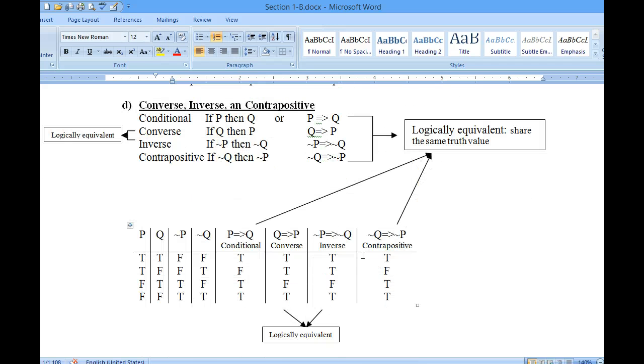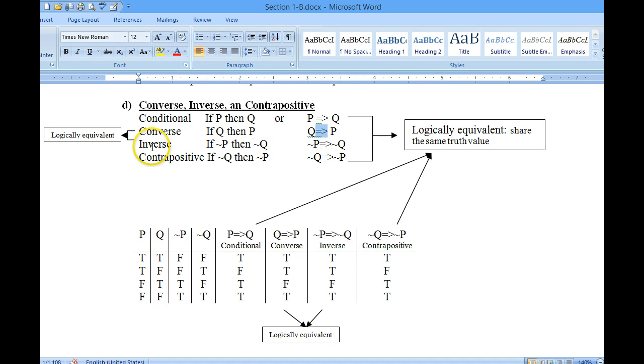Now we're going to go into the different ways our conditional statements are written. We have the original, the conditional statement, if P, then Q. Or we can use this symbol, which is kind of like a directing arrow. P is directing us to the conclusion. The converse takes our conditional and flip-flops it. If Q, then P. Or we can flip-flop it this way using our symbol.